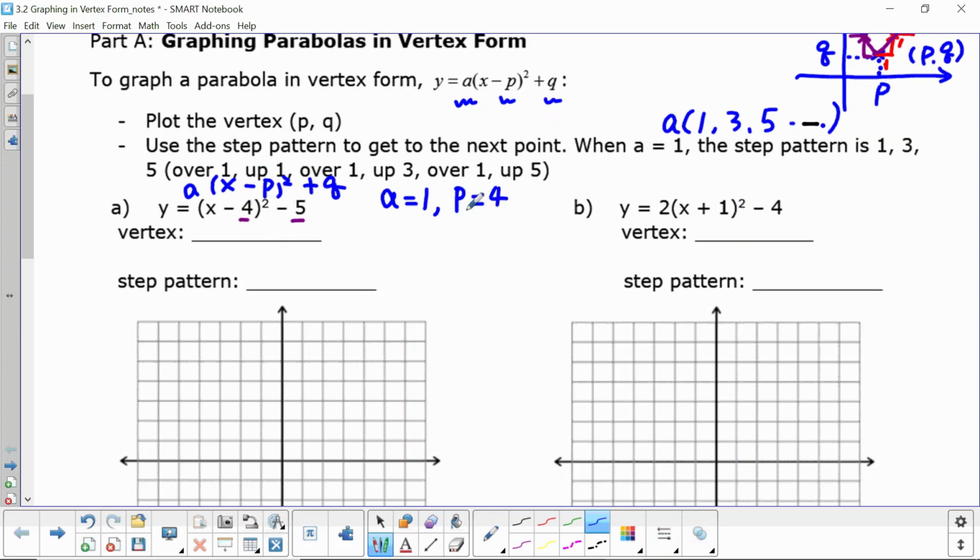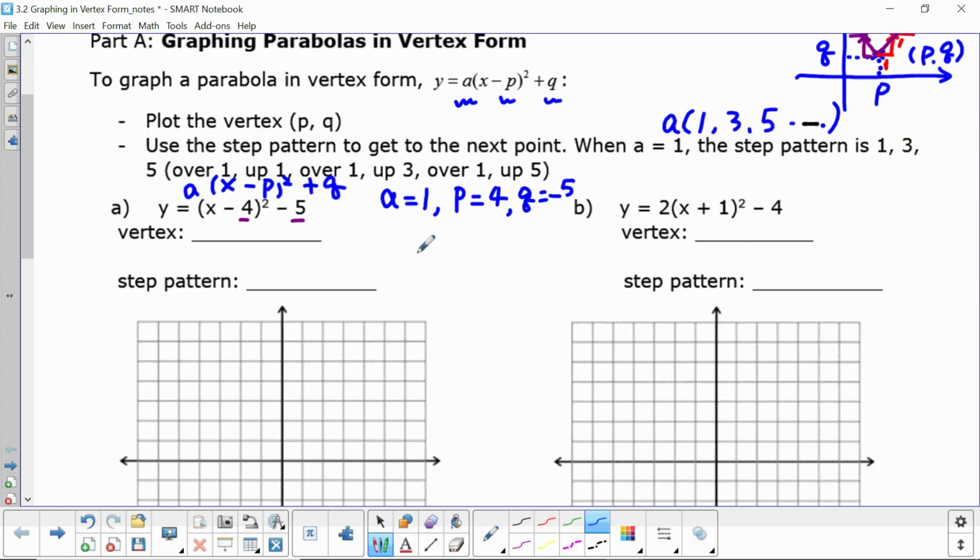So p is +4, then x minus p will be x minus 4. If p is -4, then minus -4 will give you +4. So the p value is different; it's the opposite of the number inside the bracket. Then q is the same as the number outside of the squared.